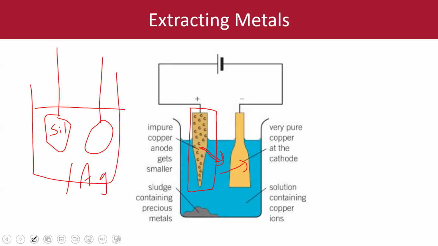They'll do electrolysis, and the silver will pass from the piece of silver into the liquid and electroplate onto your ring. So they can get a very thin layer of silver all the way around the outside of a ring. It's electroplating. It's the same method for extracting metals.